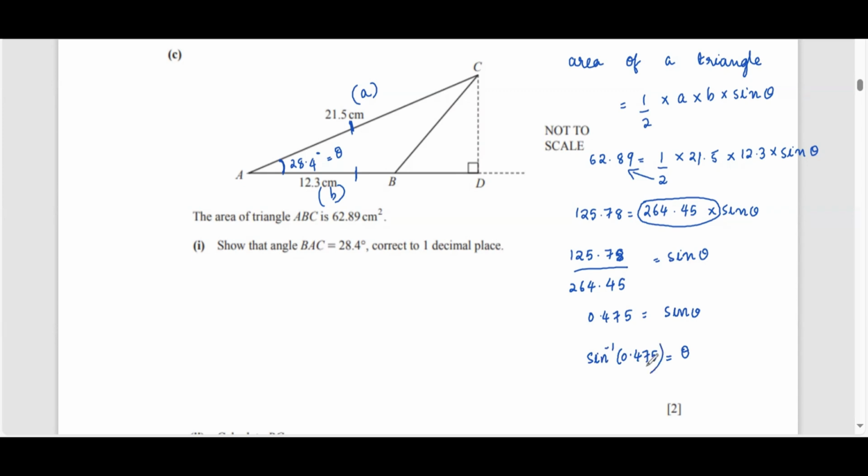Let's just put that in calculator. Sine inverse of 0.475, you'll get the answer as 28.4 degrees. That is what we had to prove, and we proved theta as 28.4. So that is a 2-mark question. I hope you understood this. Let's go to the second subdivision.